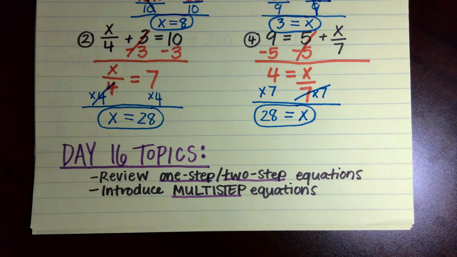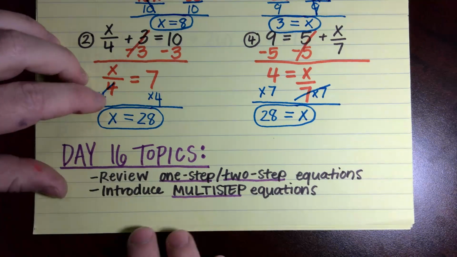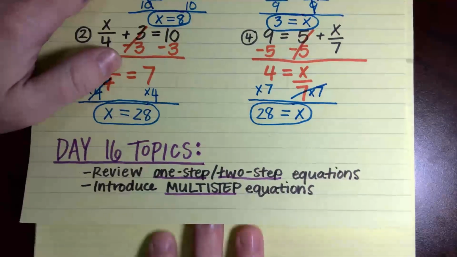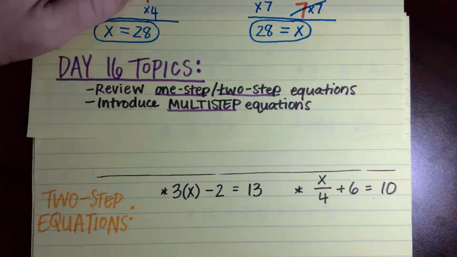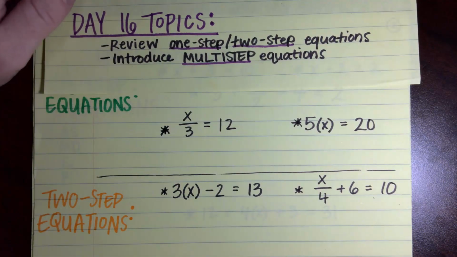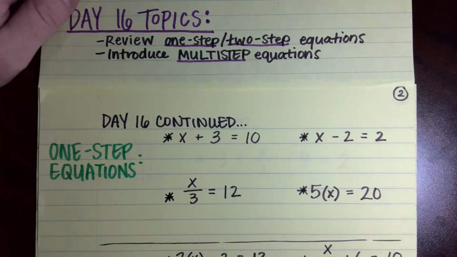And all that means is we're going to be doing more than 2 steps, probably just 3 today. So we're going to review, and then we're going to introduce something new. So I'll leave that up there if you're wanting to write, and I will bring this down.